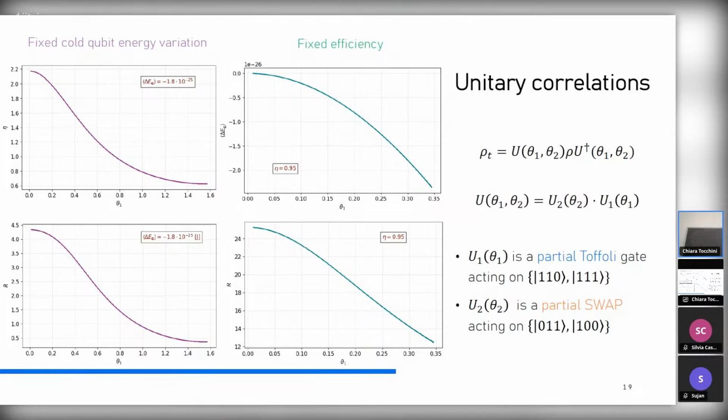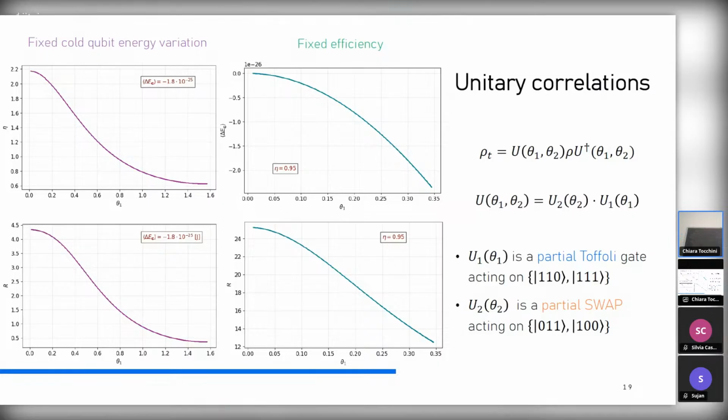And then we fix the coefficient of performance, and we see the energy variation of the cold subsystem and also this ratio. And we see that when this ratio is maximum, so correlations are stronger than the lags, than the dissipation, the efficiency is maximum.